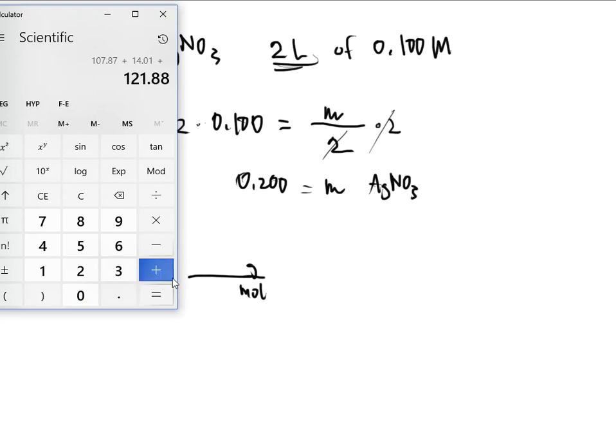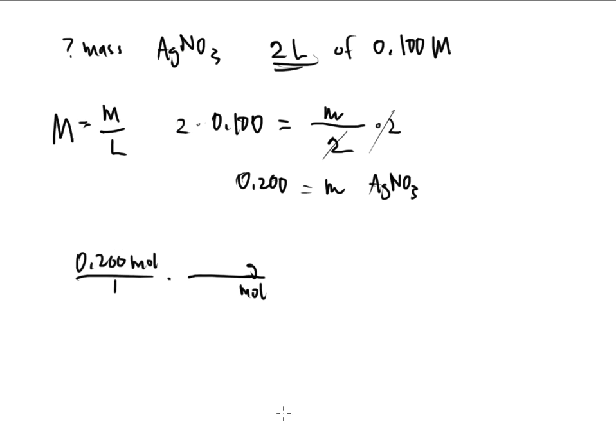So you can enter it in that way, or 16, there's my second oxygen, and there's my third oxygen. So the formula weight here is 169.88. So 169.88 grams for every 1 mole. That is the formula weight for silver nitrate.